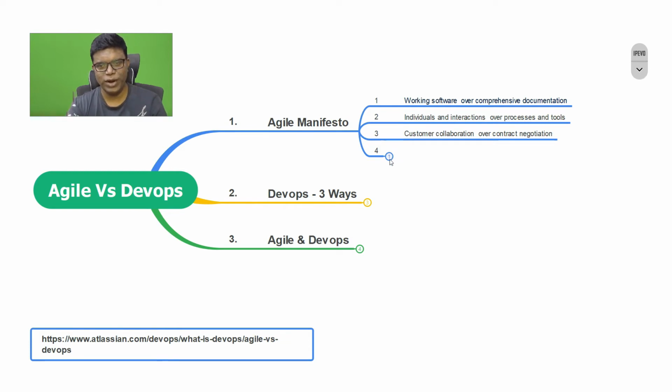And the next one is responding to change over following a plan. This came in through a lot of experience. In waterfall, it was one step after the other. By that time, if it is 3 months or 6 months, what if the government releases a compliance requirement, or there is an economic boom or bust, or a new opportunity emerges?